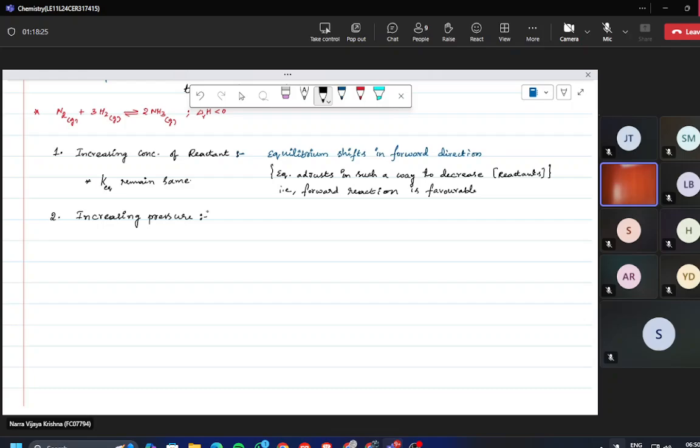Yes, sir. Right. So I need to do that in a closed vessel. In a closed vessel, how can I increase pressure? Don't say temperature again. Temperature is affecting equilibrium, pressure also affects equilibrium. Don't make both influence at the same time.